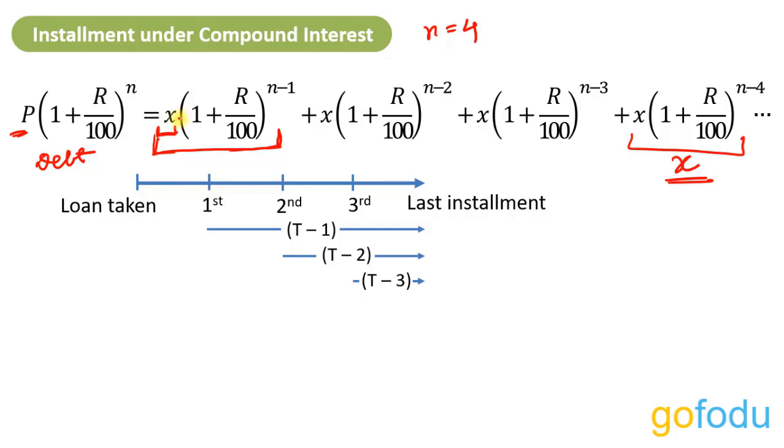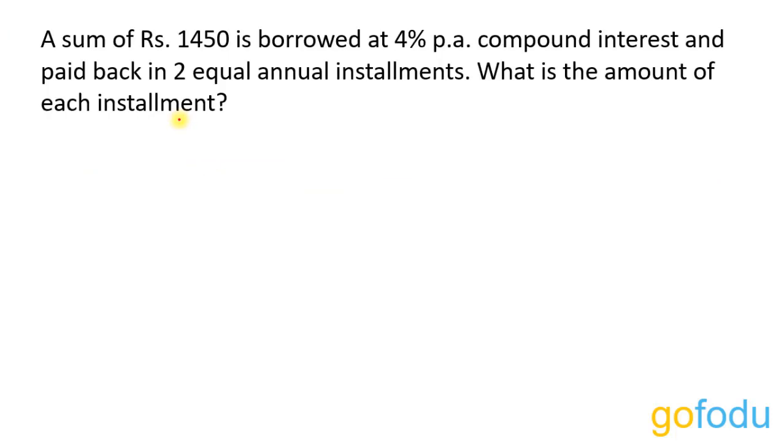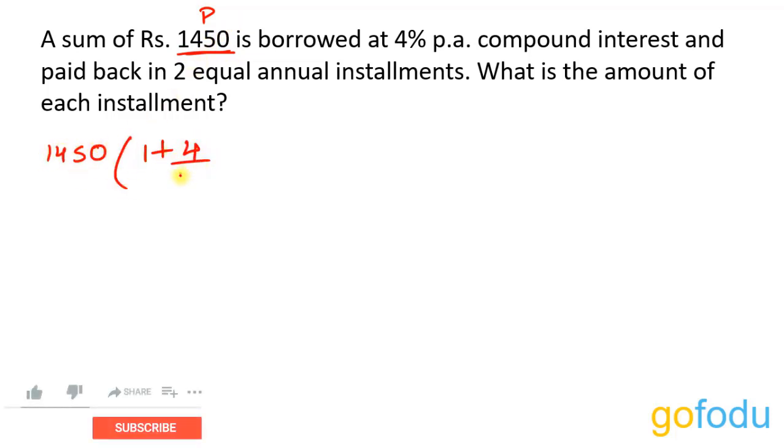Let's solve a question. So this is the money borrowed. This would be P. So 1450 into 1 plus R upon 100 whole raised to T. There are two equal installments, so power 2 will be there.